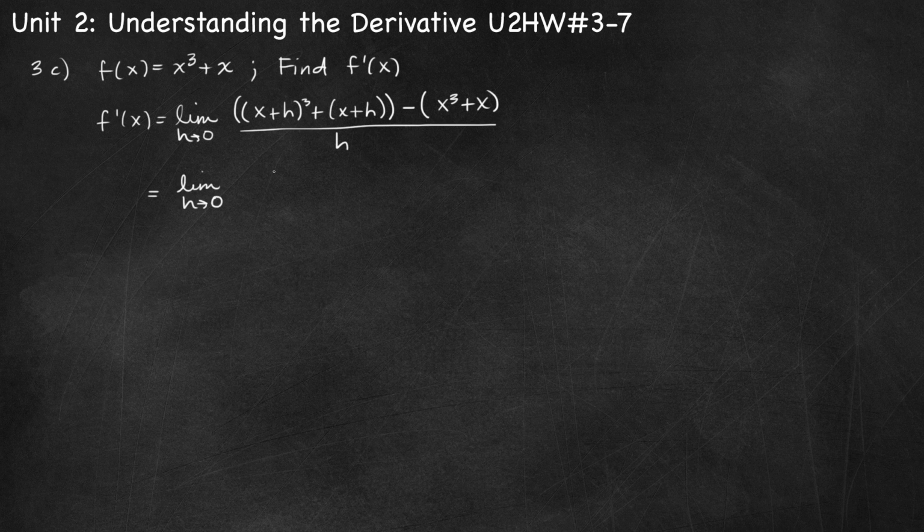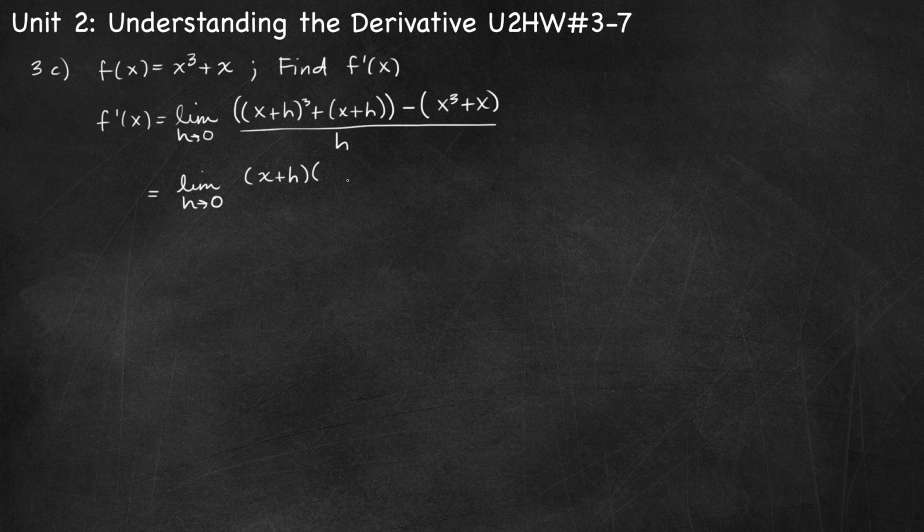Now I'm going to simplify the numerator to the point where I can factor out an h. X plus h, that quantity cubed, so let's do that in 2 steps. That's going to be x plus h times x plus h times x plus h. Or to do this without having to write it all out, I'm going to think of it as x plus h times x plus h squared.